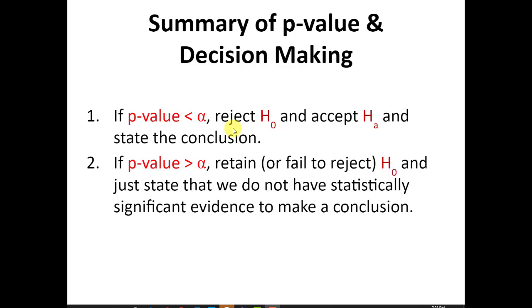If the p-value is greater than your alpha, then you should retain or fail to reject. Means the same thing, retain or fail to reject, but you should retain your null hypothesis. There is not sufficient evidence for you to reject it.